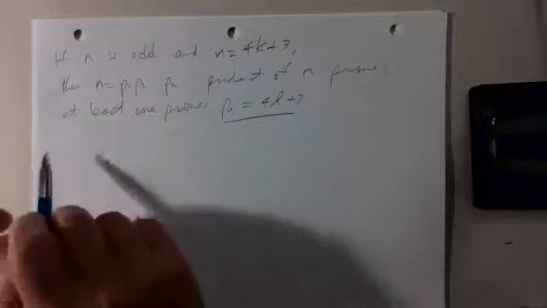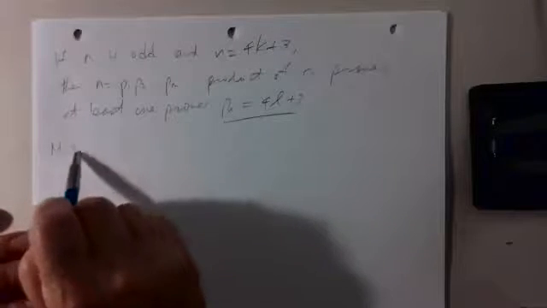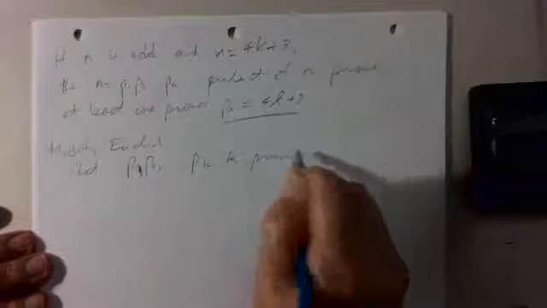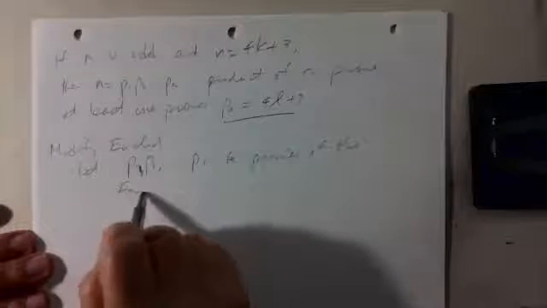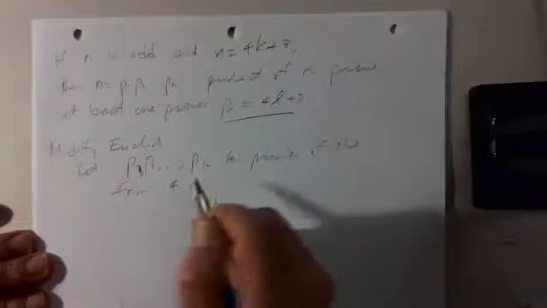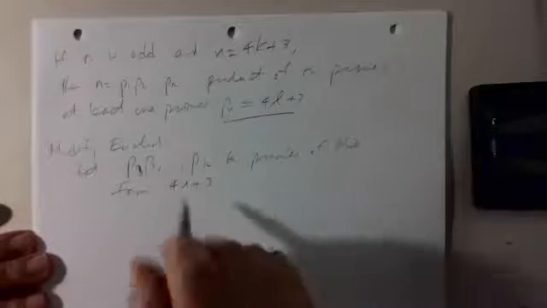So now here's how we modify Euclid. Let P1, P2, up to, let's say, P sub k be primes of the form 4i + 3.